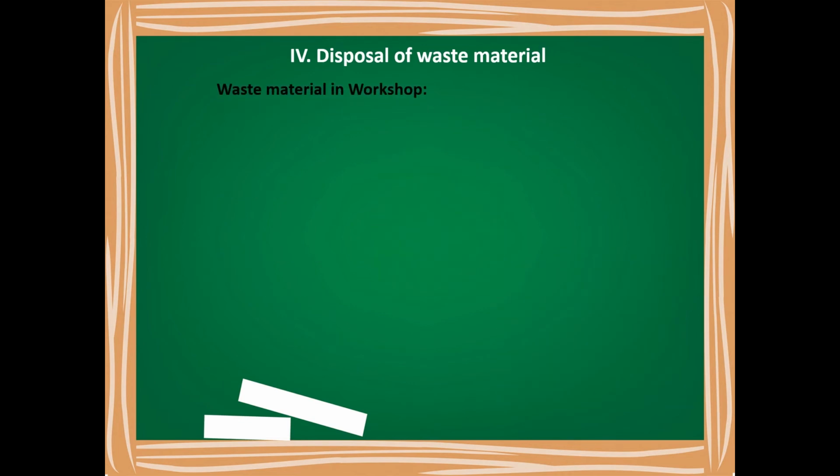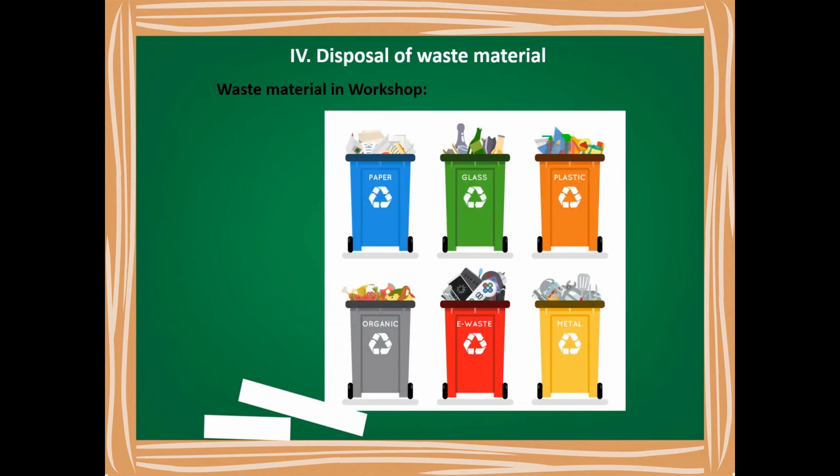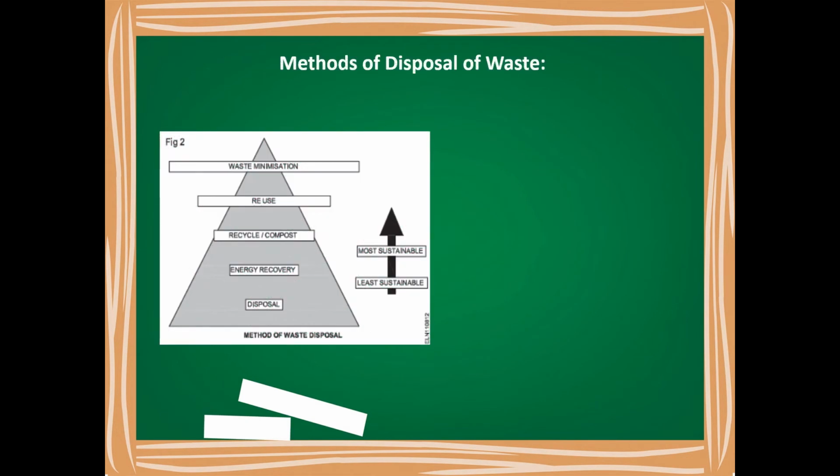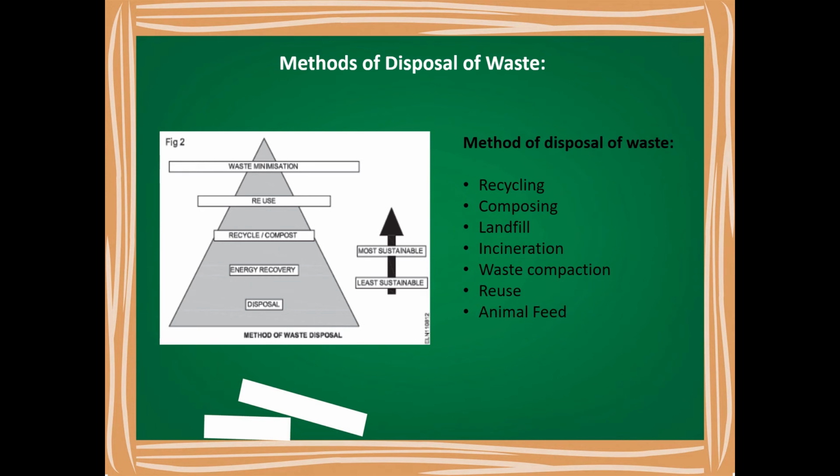Some of the waste material in workshop are as follows: methods of disposal of waste. The different methods of disposal of waste are recycling, composting, landfill, incineration, waste compaction, reuse, animal feed, firewood.